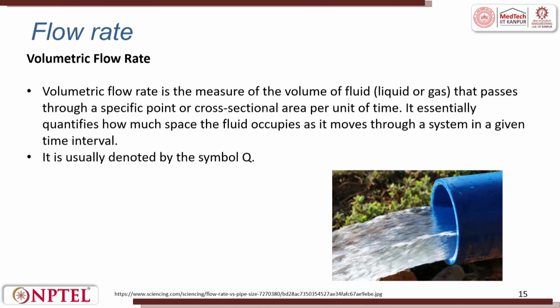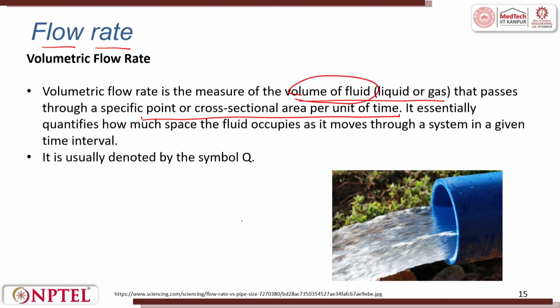Next is flow rate, that is the last topic of the lecture. The volumetric flow rate is the measure of the volume of fluid, that is liquid or gas, that passes through a specific point or cross-section area per unit time. It is simply flow rate, a rate of flow per unit time. Flow means velocity or volume; here we are talking about volume.